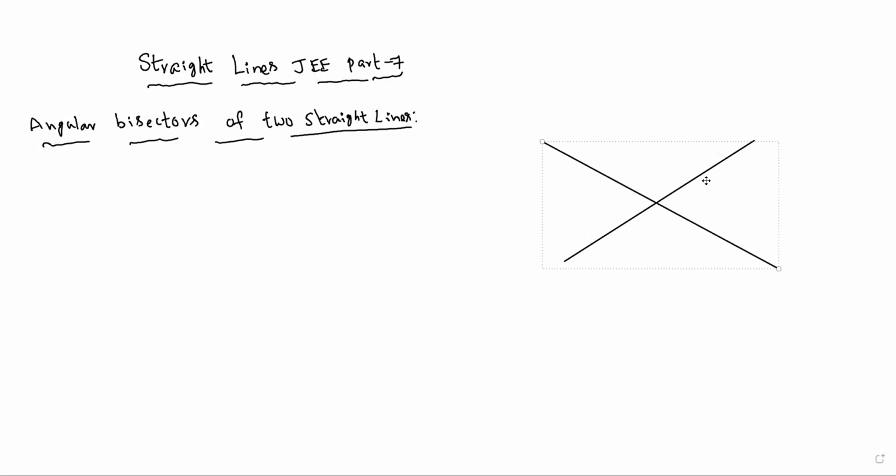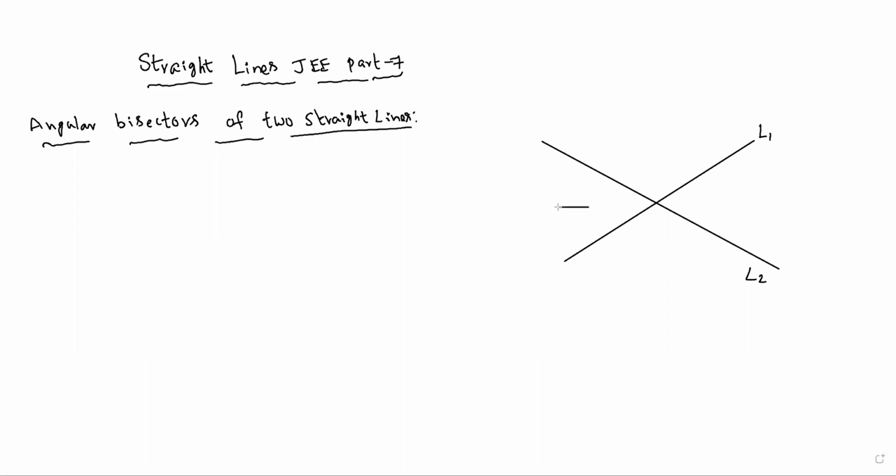And if we take any one point, the angular bisector bisects the angle between these two lines. This is like L1, this is L2. Now when coming to the angular bisectors, two bisectors are possible. One is the acute angle bisector, another one is the obtuse angle bisector.